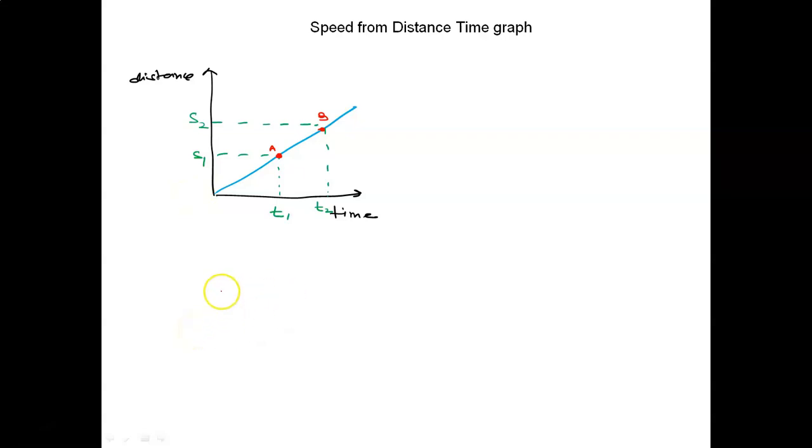Now, you just think, I hope all of you know the formula for the speed. Speed is known as the distance upon time.